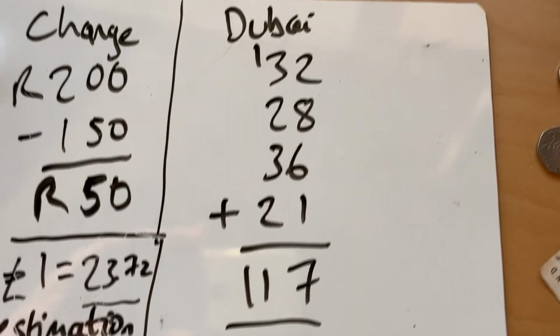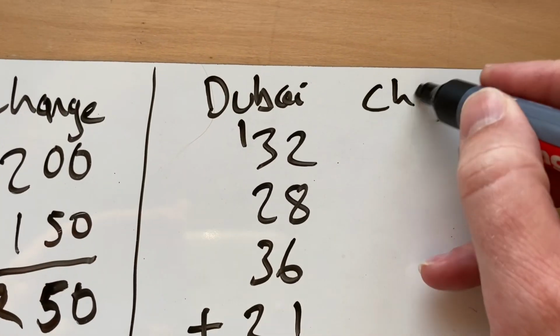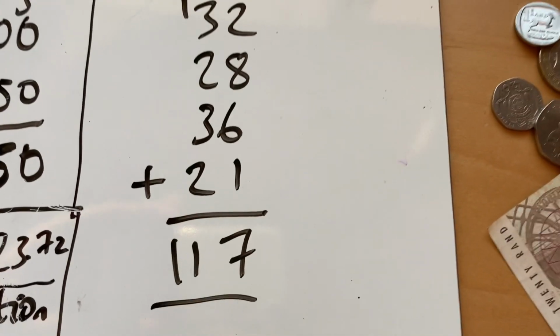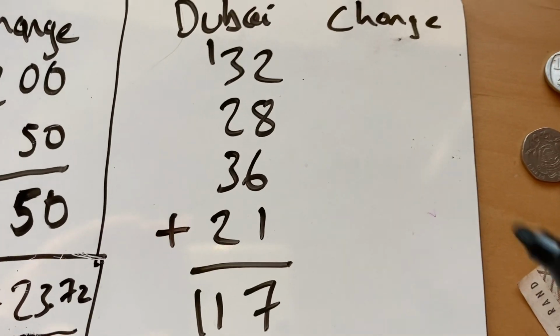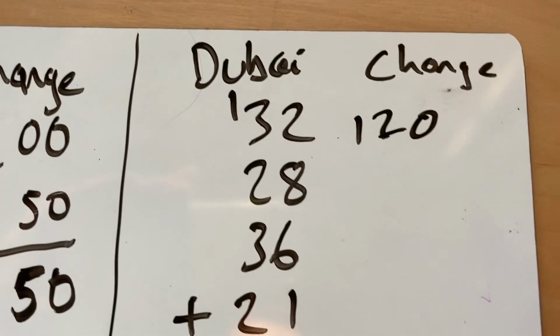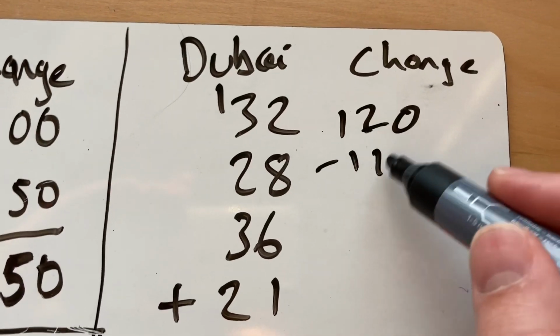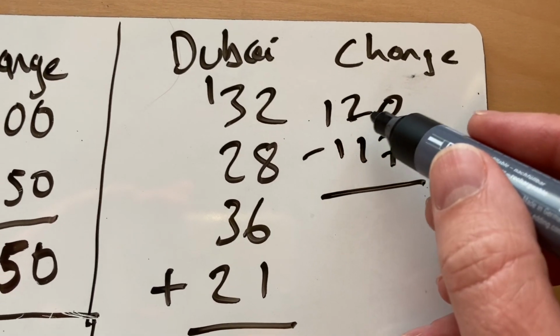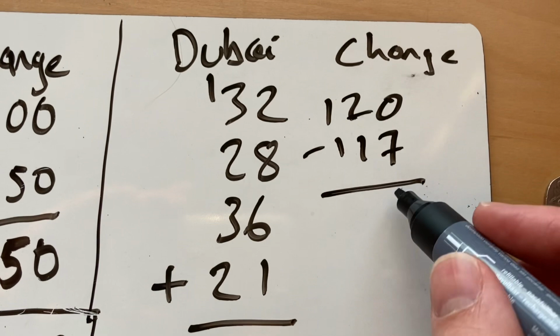Then let's imagine that I want to know what the change is when I buy that. I did pay by card, but imagine I paid with, say, 120 dirhams, which is a subtraction. 120 minus 117, we know the 20 minus 17 is 3.